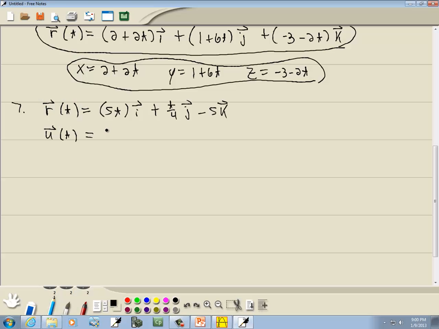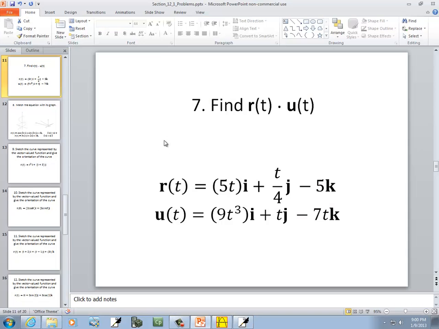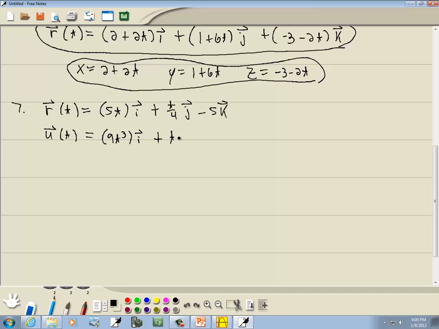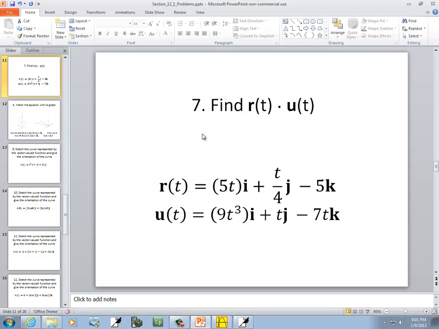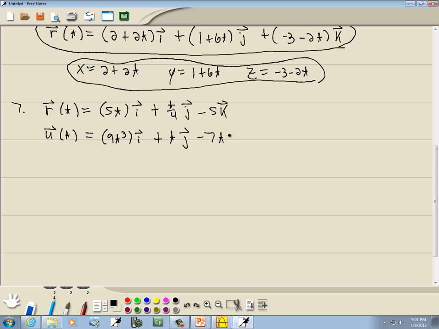And then we got 9t to the third i plus tj minus 7tk. And we're finding whatever this is.